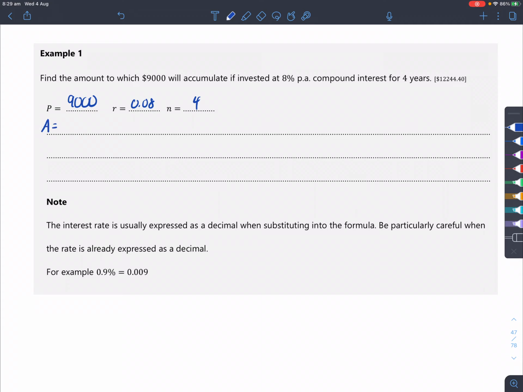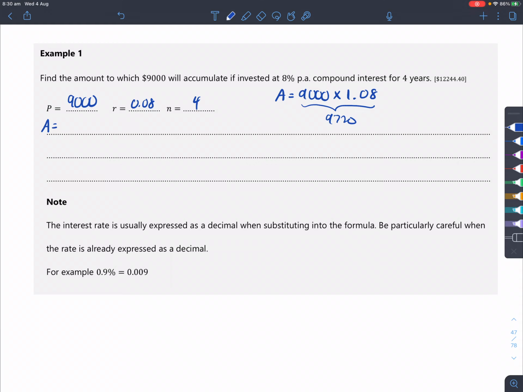What generally happens, I'm just going to let you know here, is that you'll have $9,000, and you're going to lift this number up by 8%, which means multiply by 108%, or 1.08. Then this amount turns to 9720. I'm just letting you know that.